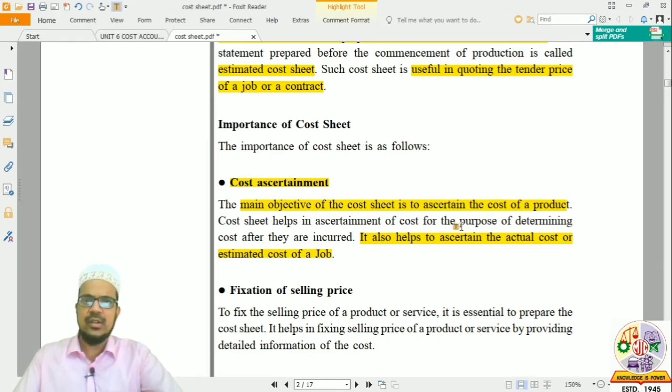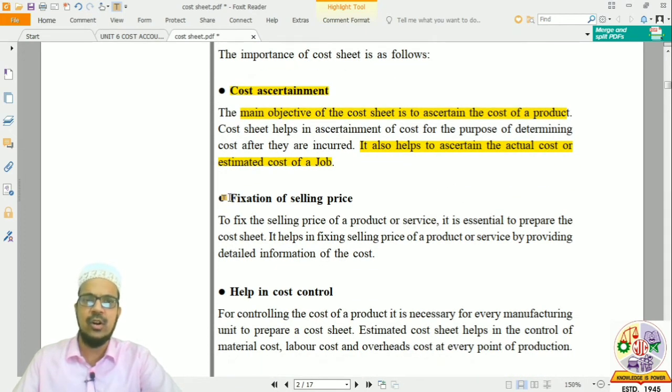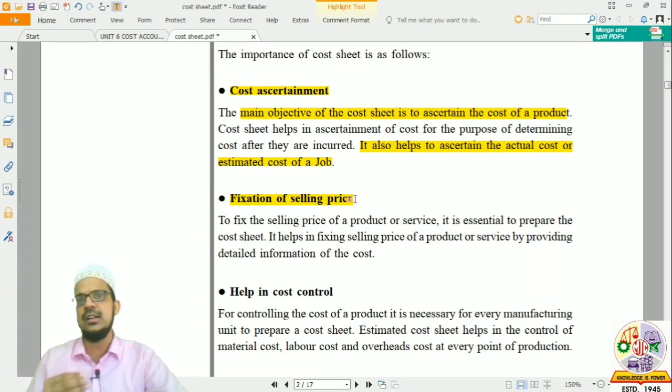The second importance of the cost sheet is that it helps in fixation of the selling price. Unless and until you know the actual cost of production, you cannot quote a selling price. Nobody would like to sell their products at a loss. Ideally, the selling price will be kept in such a way that you earn a certain amount of profit in addition to the cost.